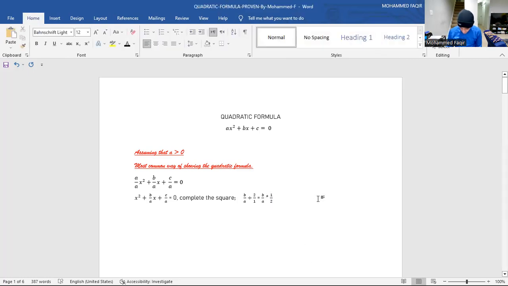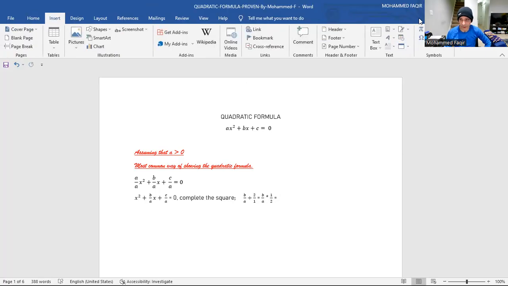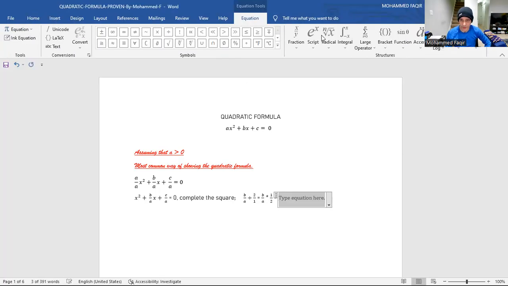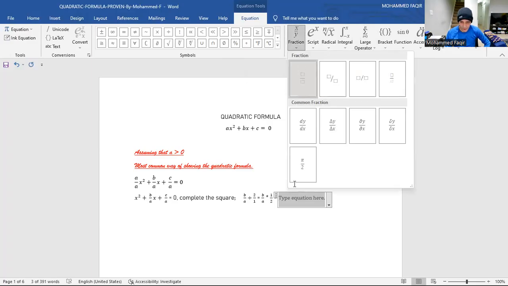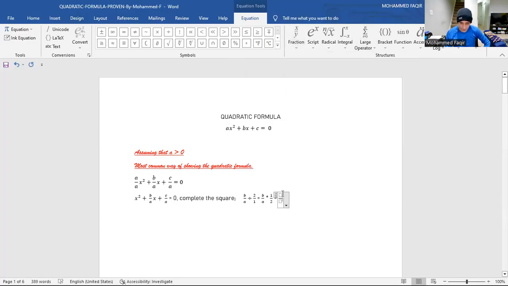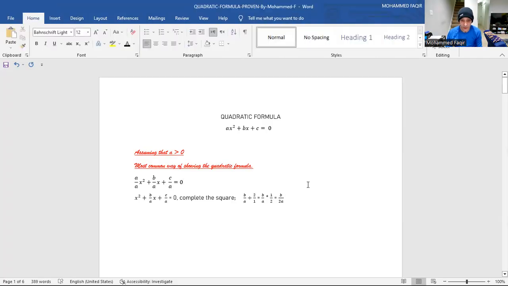So what do you do when you multiply two fractions? You just multiply the top and you multiply the bottom. So you multiply numerator with numerator and denominator with denominator, which is gonna give us b over 2a. Here we go.